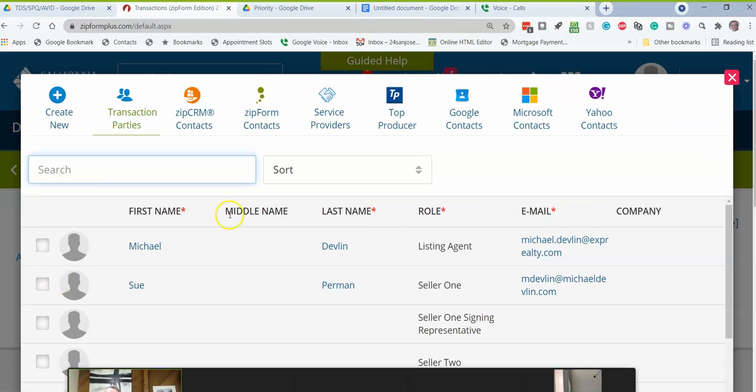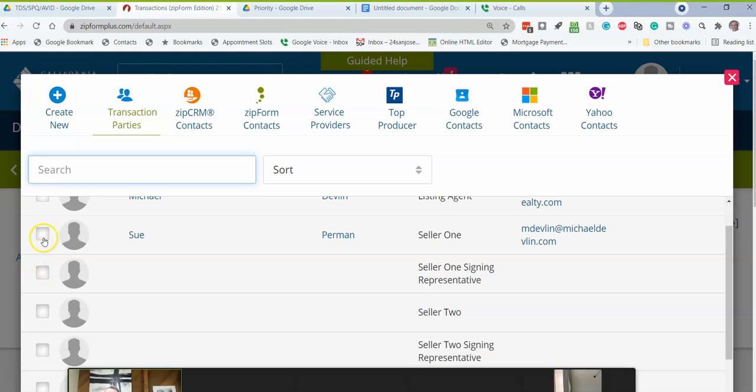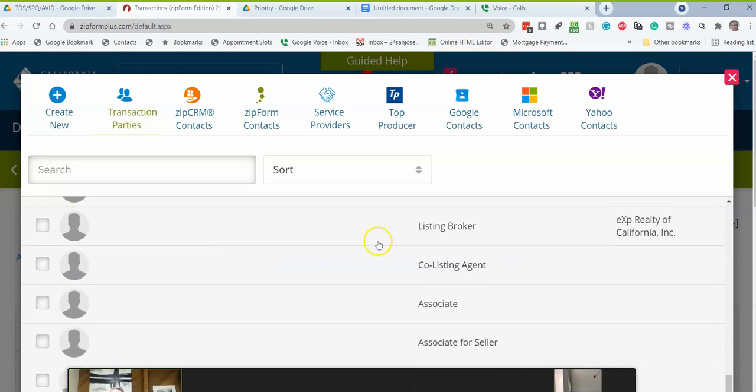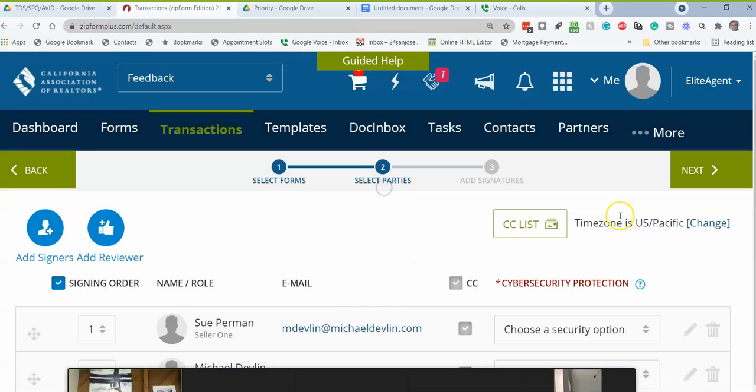So we have our seller, Sue, and the only people that are going to be signing this are the seller and the agent. And we hit close, next. And then, if you guys haven't seen this yet, I'm sorry to hear that.